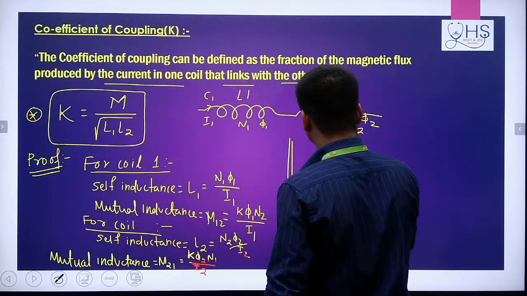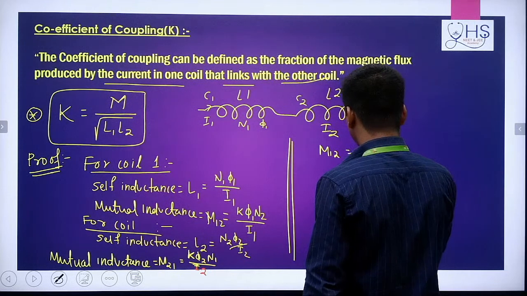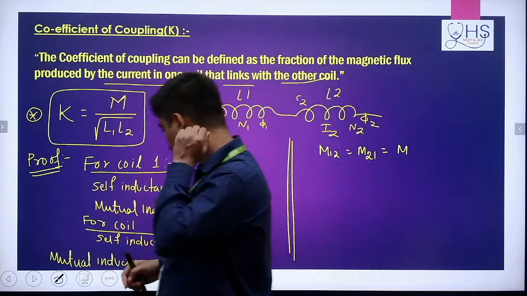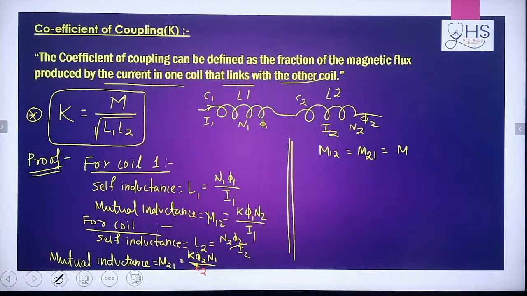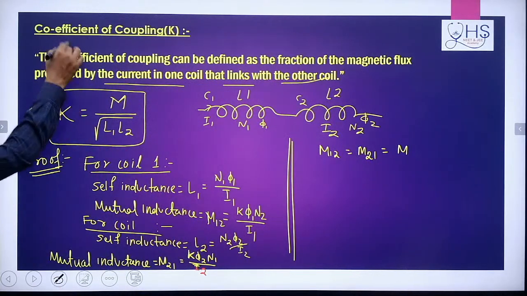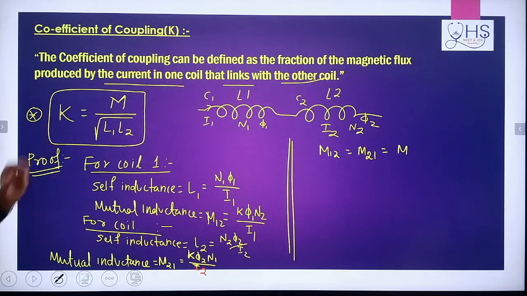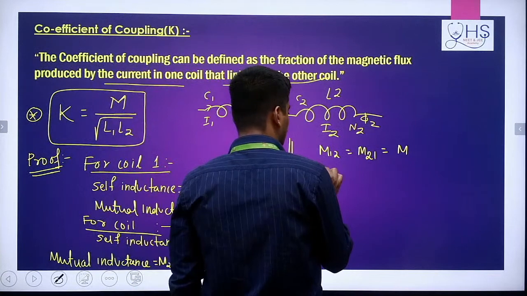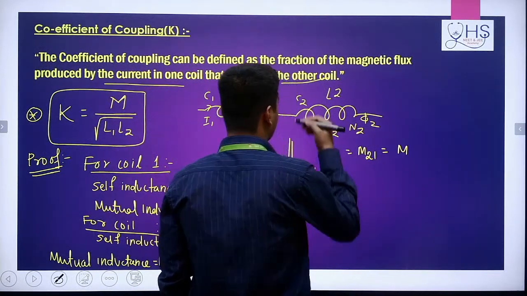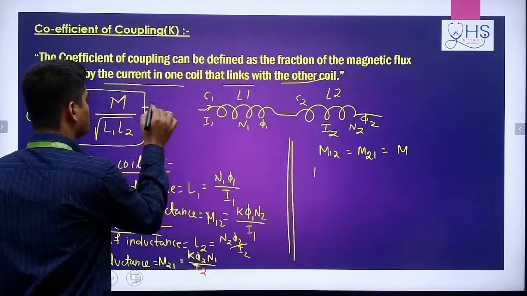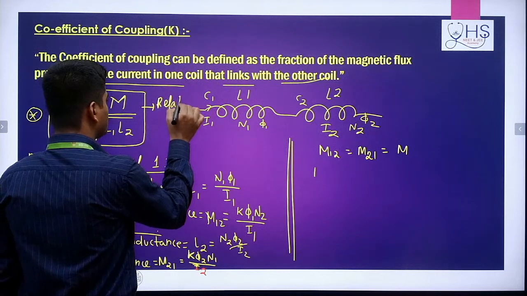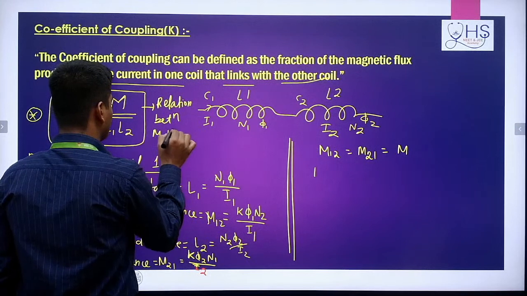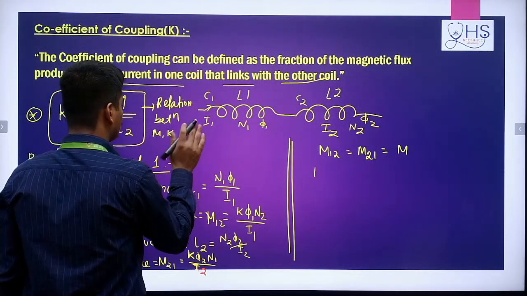Now what will we do? Now you know M12 equals M21. Already you know this, that is equal to M. Now we will take this mutual inductance and try to find the expression for the coefficient of coupling. Basically I want to find the relation between M, K and L1, L2.